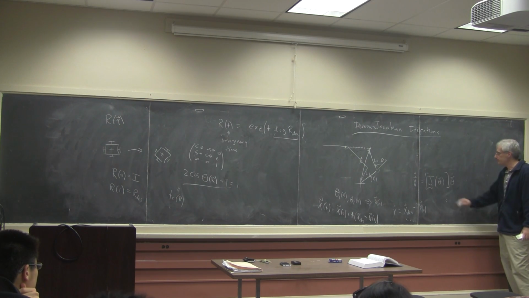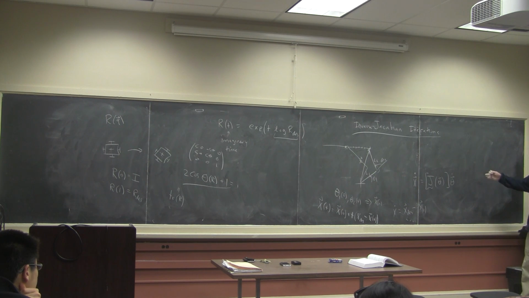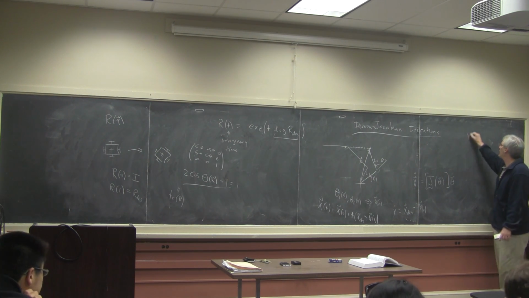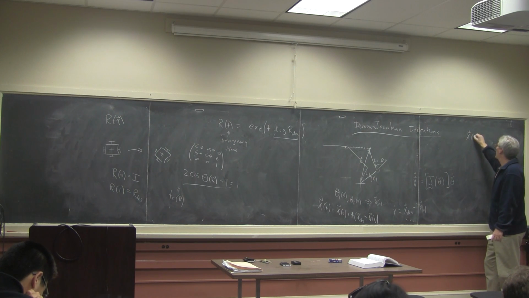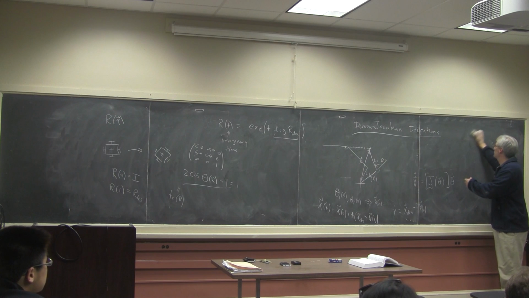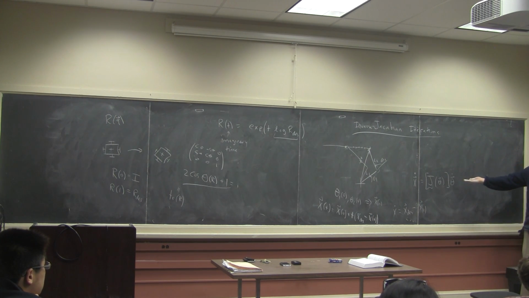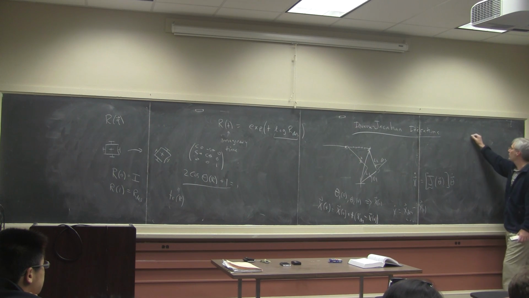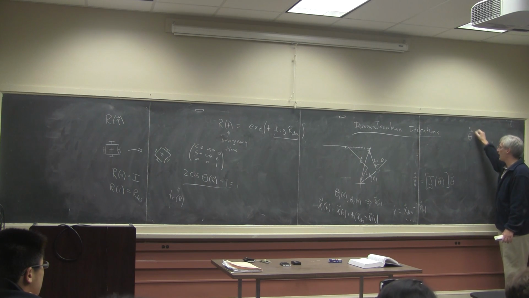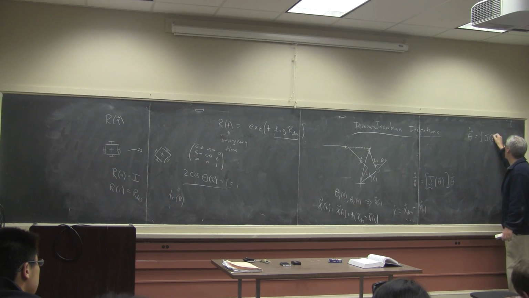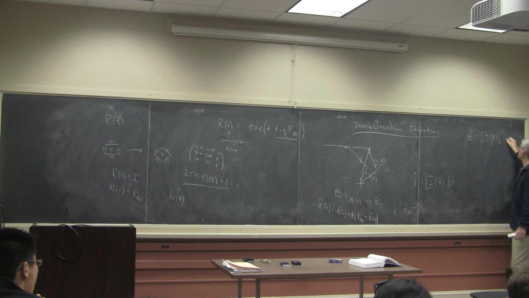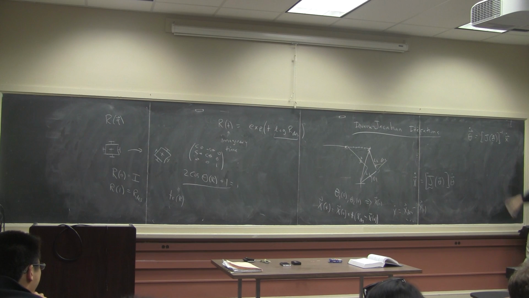And so we have x dot, and as long as this Jacobian matrix is invertible, we can say theta dot is equal to J of theta inverse times x dot.